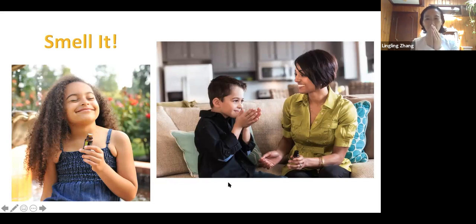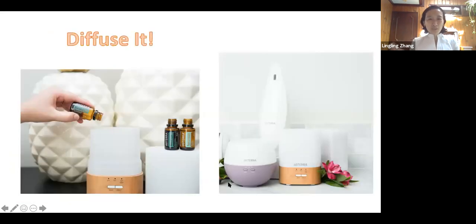Put it on the palm and smell it from your palm. Or diffuse it. If you cannot hold the bottle all the time, which I can't, most people can't, that's why we need a diffuser. We need a diffuser to put the oils in with water and let it run by itself. And we can enjoy the benefits without holding the bottle all the time.